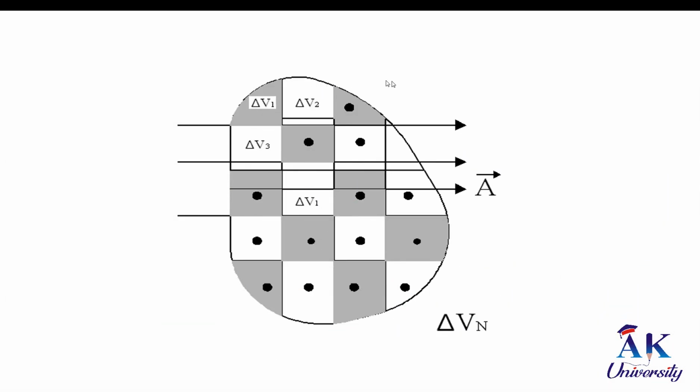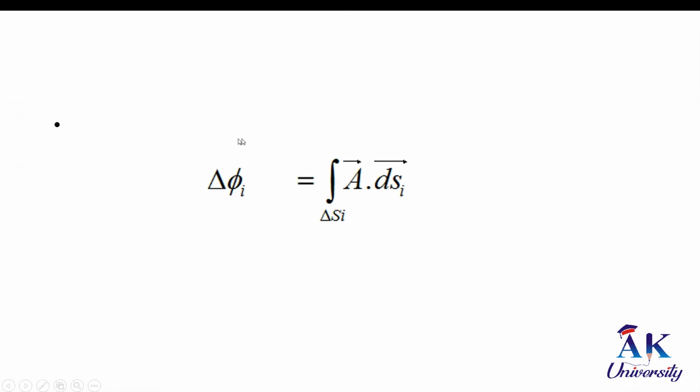This is the figure which we divide into n number of volumes. Remember, we have to start with the mathematical form of this theorem. You should remember this equation. This is the basic equation for proving this theorem.